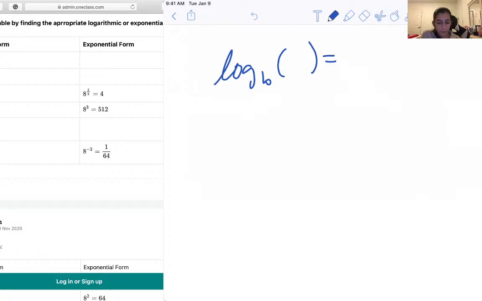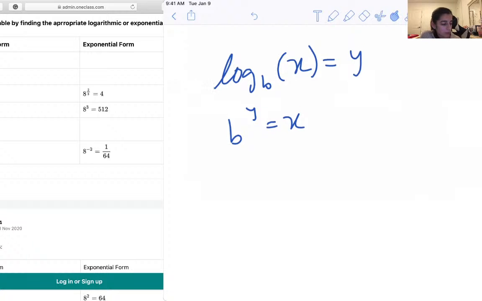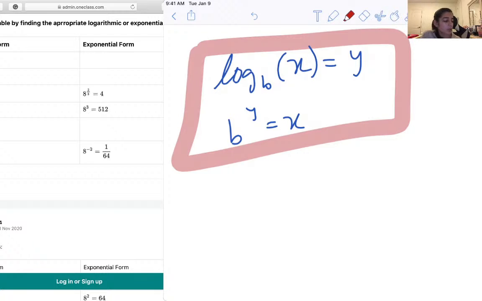So these are the important exponential and logarithmic conversions that you have to remember when solving these questions.